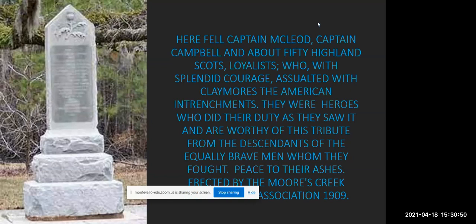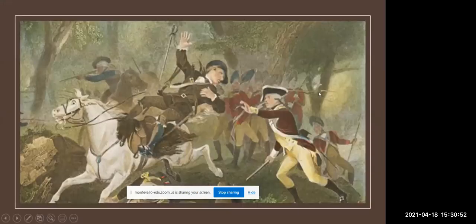And a second battle I wanted to discuss was the Battle of Kings Mountain. This was a military engagement between Patriot and Loyalist militias in South Carolina during the Southern campaign of the American Revolutionary War, resulting in a decisive victory for the Patriots.